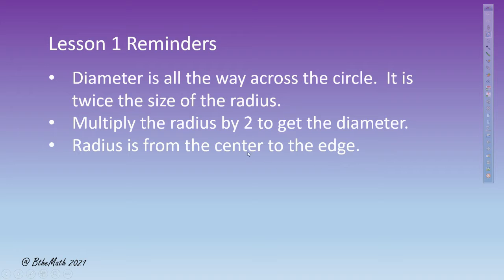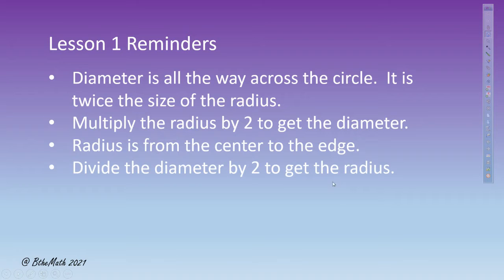The radius is the line segment from the center to the edge. You divide the diameter by 2 to get the radius. And the diameter is 2 times the radius, or the radius is the diameter divided by 2.